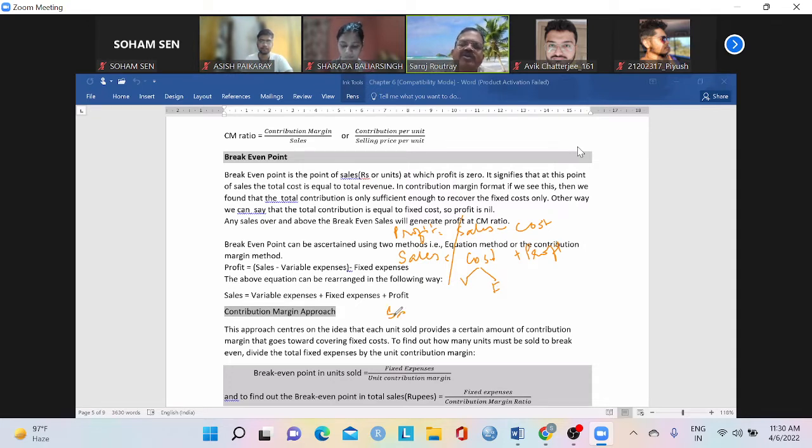So my equation actually derived from here is sales is equal to variable expenses or variable cost plus fixed cost plus profit. Okay, variable expenses, fixed expenses, and profit. So this is the equation.